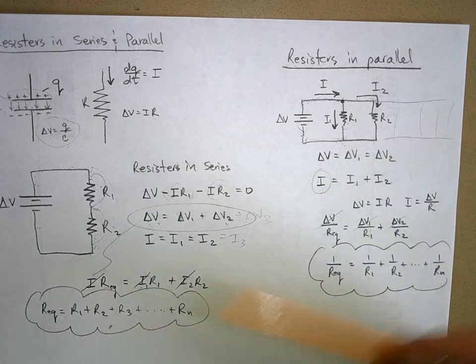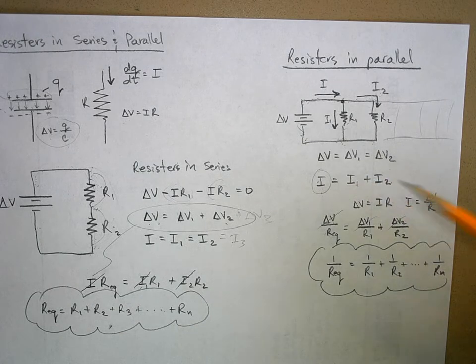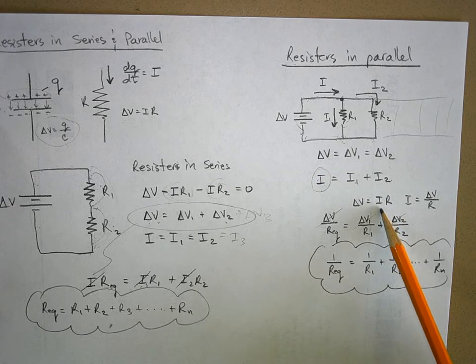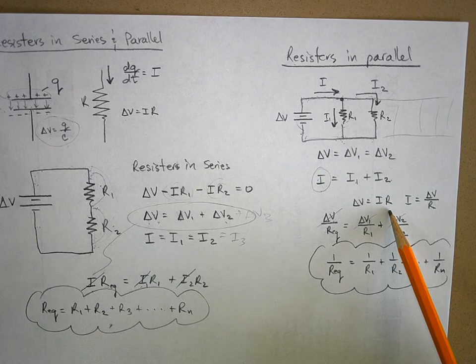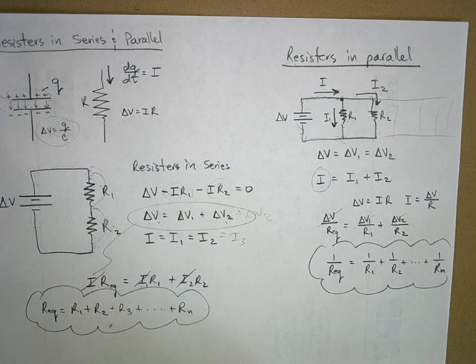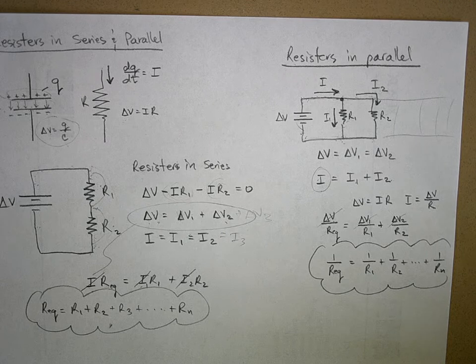Using those two ideas and the fact that the voltage drop across a resistor is equal to the current times its resistance, you can solve circuits. And solving circuits means you know what all the currents are, you know what all the resistances are, you know how much energy is going out, I squared R and all that.